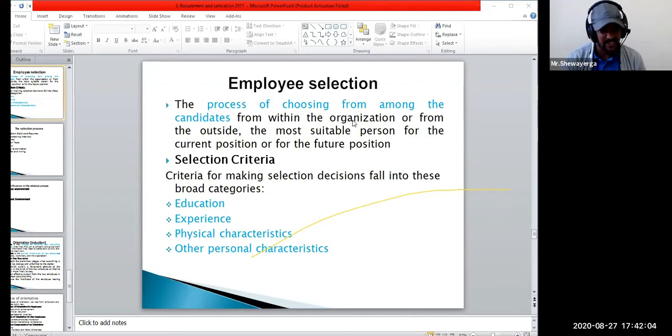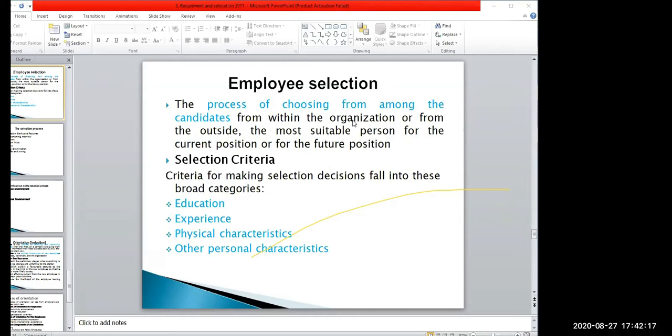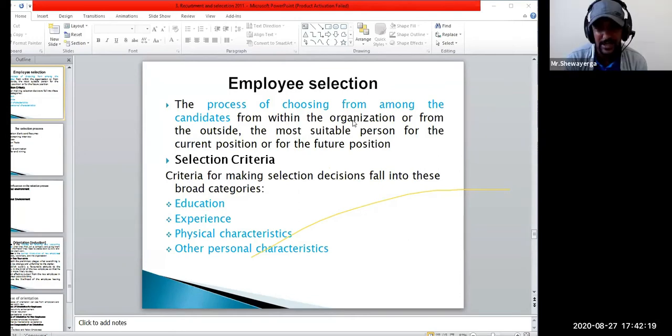When you define a decision, decision is a process of choosing the best one from the given alternatives. What about selection? Selection is also the same. By definition, it is a process of choosing or selecting the best one from the given candidates, from the available alternatives.